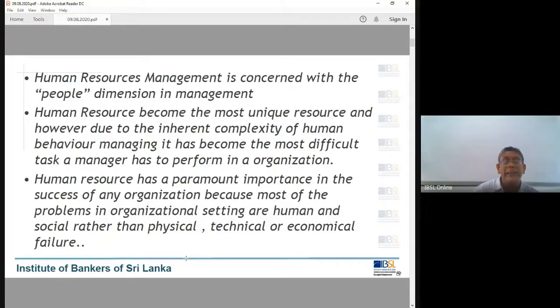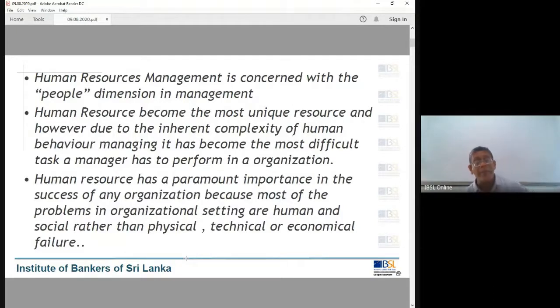Because it is very difficult to understand. Their behavior is very difficult, and that is the most challenging job of a manager, handling human resources. It is unique. It differs from person to person.